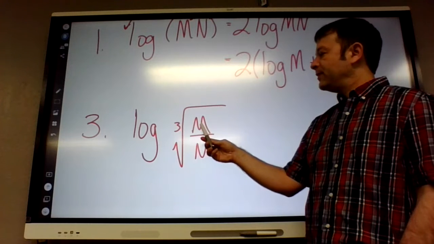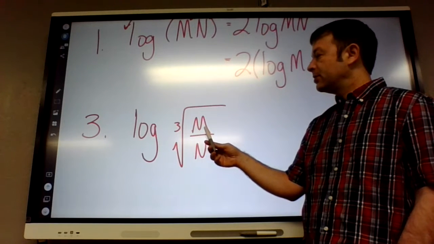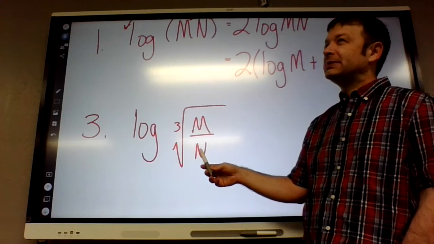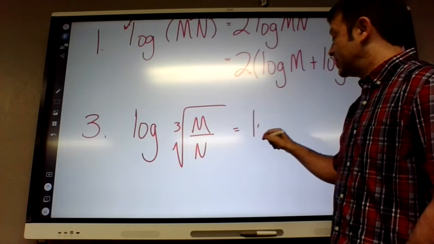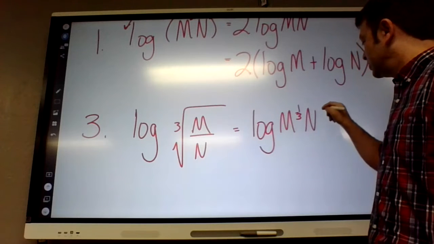If I have the cubed root of m right here, that's m to the what power? And this would be n to the what power? Negative 1/3, because it's on the bottom. So I could rewrite this as log of m to the 1/3 n to the negative 1/3.